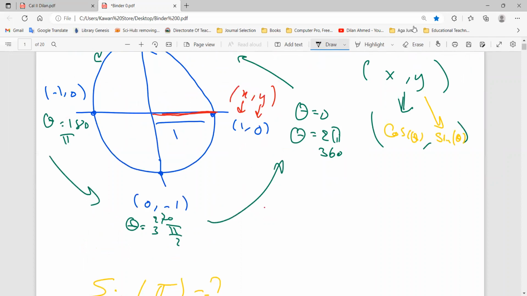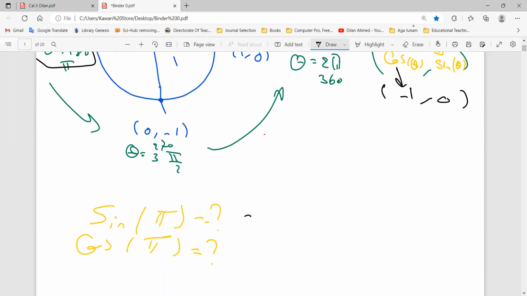I say here's pi, and here's negative and positive, or x and y. So I have that one as the cosine, and that one will be sine. Why? Because if you have negative 1 and 0, it means cosine is negative 1 and sine is 0. So that's all about the angles.